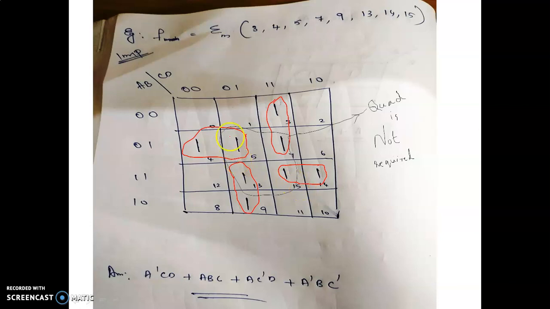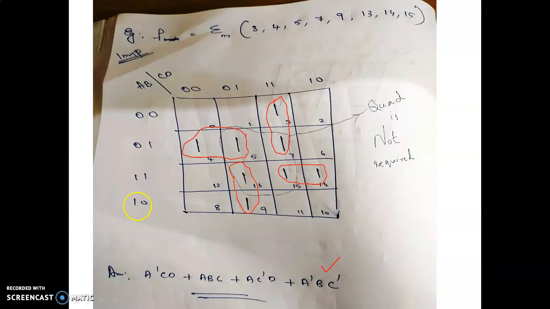So the expression for this pair is A bar B C bar, isn't it? It is A bar B C bar. And what about this group?